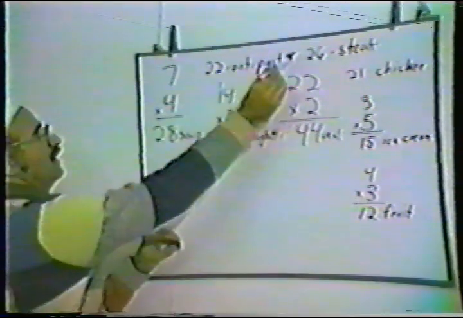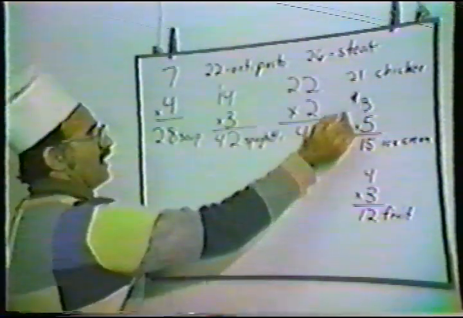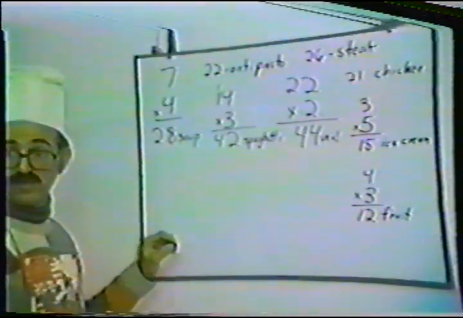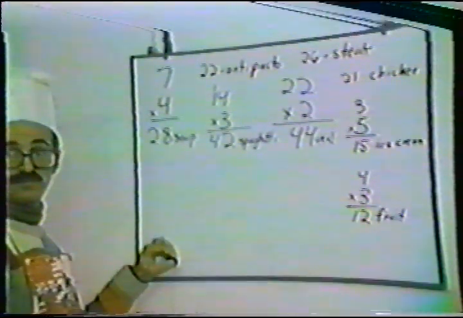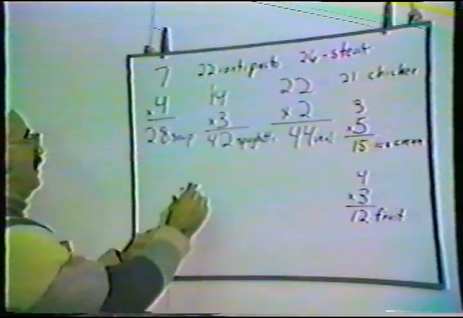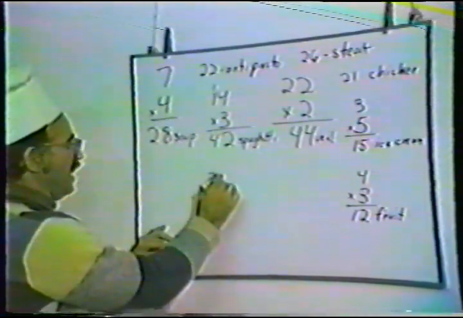All these numbers that we have labeled are the things they have ordered. What do we do with all those numbers? Add them. Okay? 28.